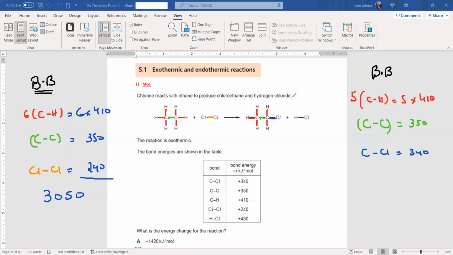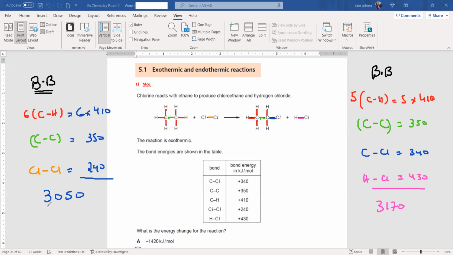And there is H-Cl, H and Cl, and only one is there, so 430. So this will be the bond forming energy. So 5 into 410, which is 2050, plus 350, plus 340, plus 430. That's equal to 3170. So bond forming energy is 3170.